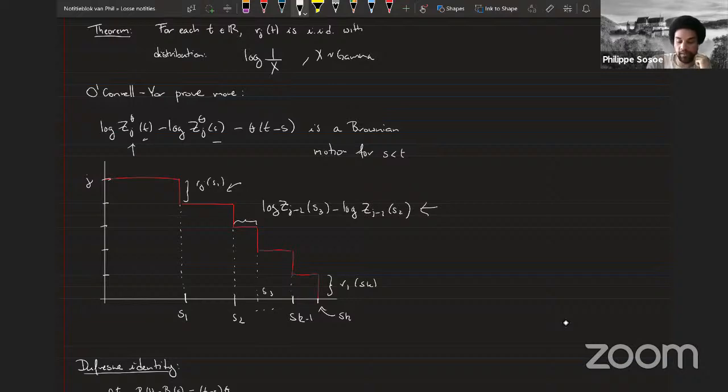If you take a system of these time increments and increments between levels that's arranged along a down-right path, so you choose times S1, S2 up to Sk, and for each of the vertical segments that I draw here, you look at the corresponding R_j at the corresponding time, and you look at the corresponding increment in time.